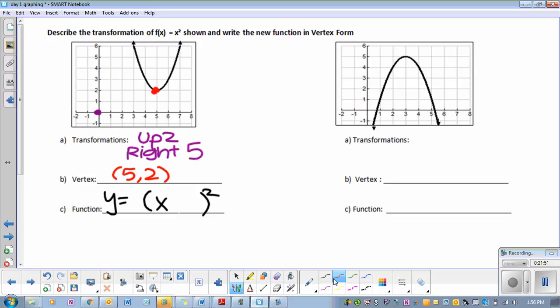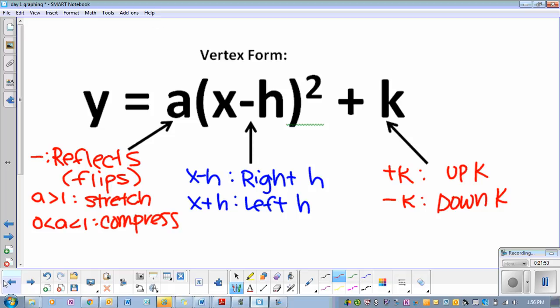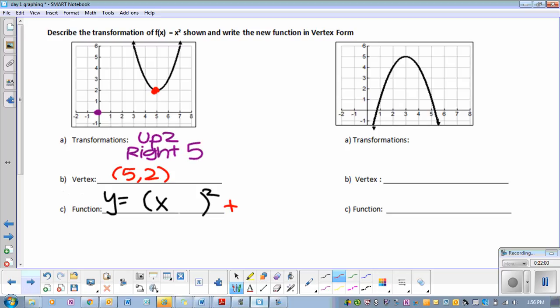Where's up 2? Outside. That's your k. Up and down is your k, right? +2. But the left and right goes inside the parentheses. If it's right 5, which one is it? X minus or x plus? Minus. So Jenny, just think opposite, okay? With the x's.